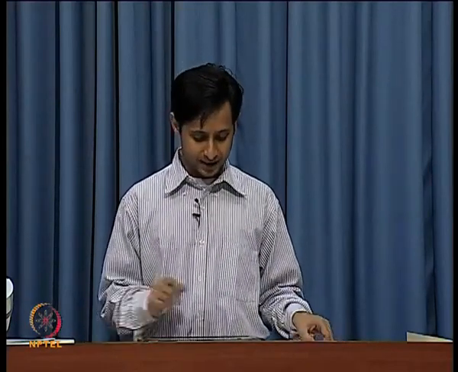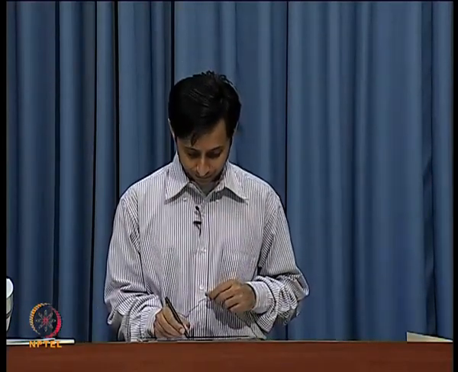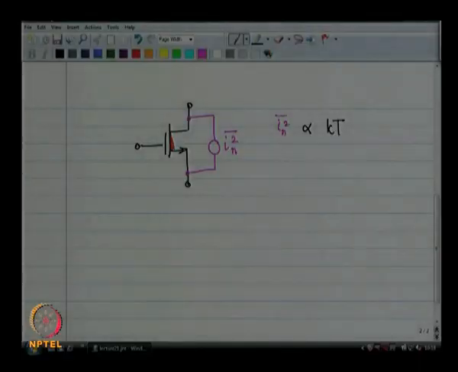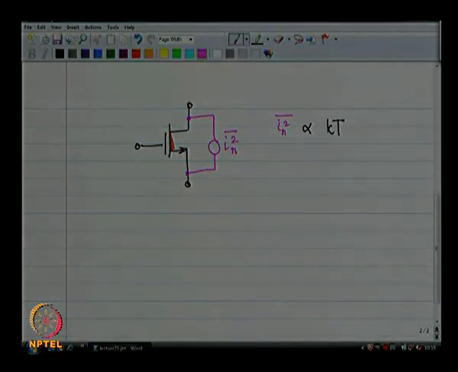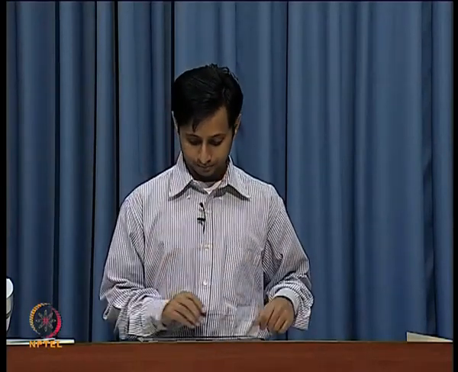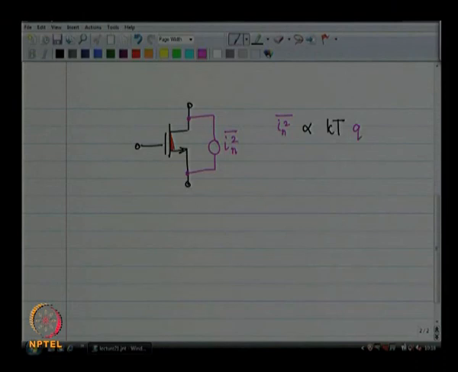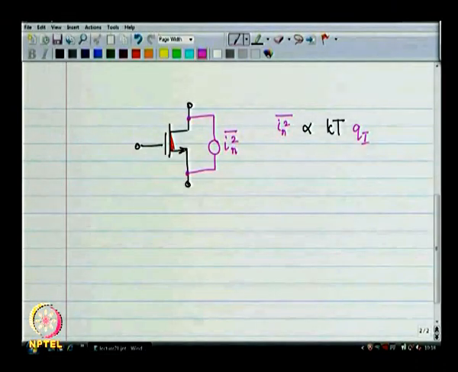Now, this noise current I n squared, the mean square noise current, is going to be proportional to kT. It is also going to be proportional to the number of electrons available in the channel. Qi is the inversion charge.